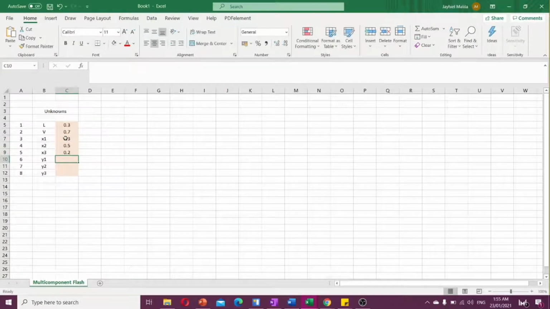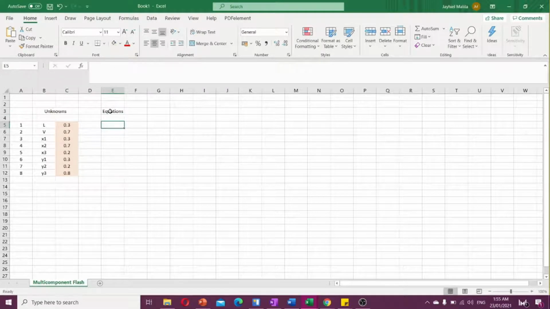They don't even need to sum up to 1, because your goal is to do the math in Excel, and then Excel will do the job of adjusting the unknowns for you.